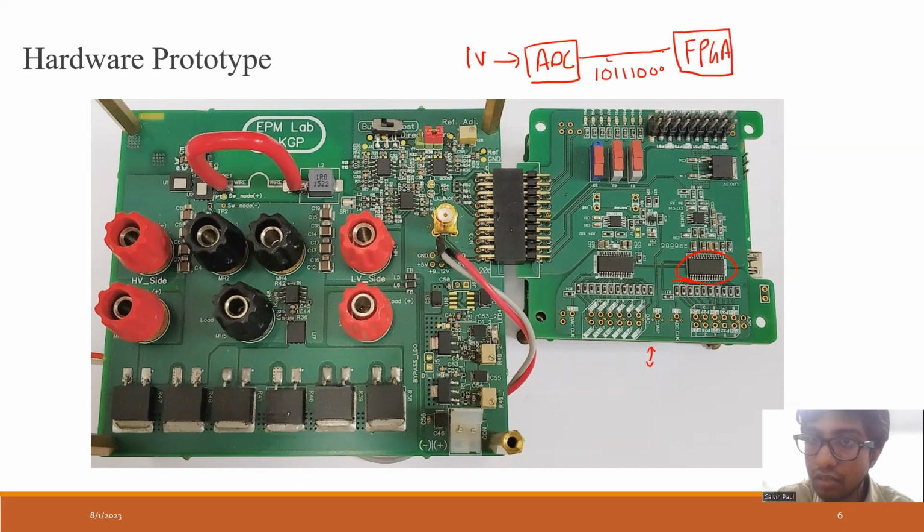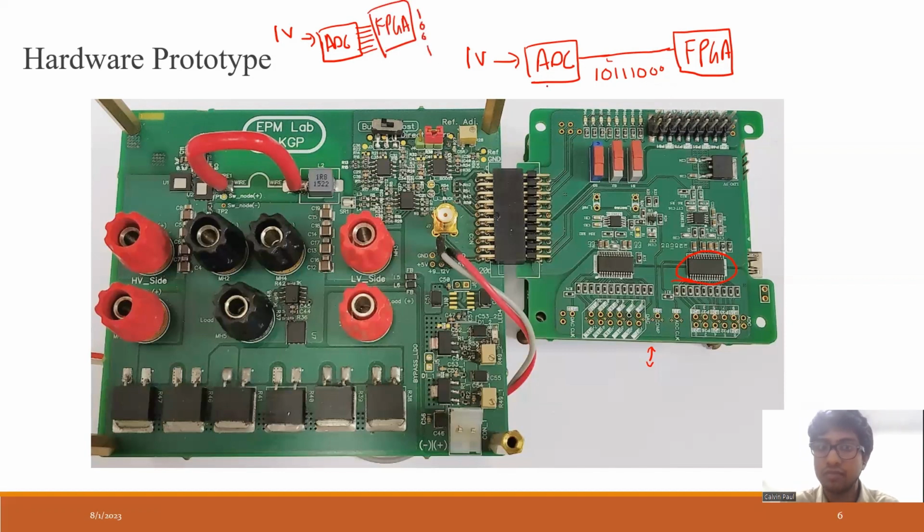If this is the case, only one pin of the FPGA is used. But it could also be like this: I have 1 volt, I go to the ADC, and the ADC can generate multiple outputs, like 1 0 0 1, and that could go to the FPGA. It could be a serial ADC or a parallel ADC.